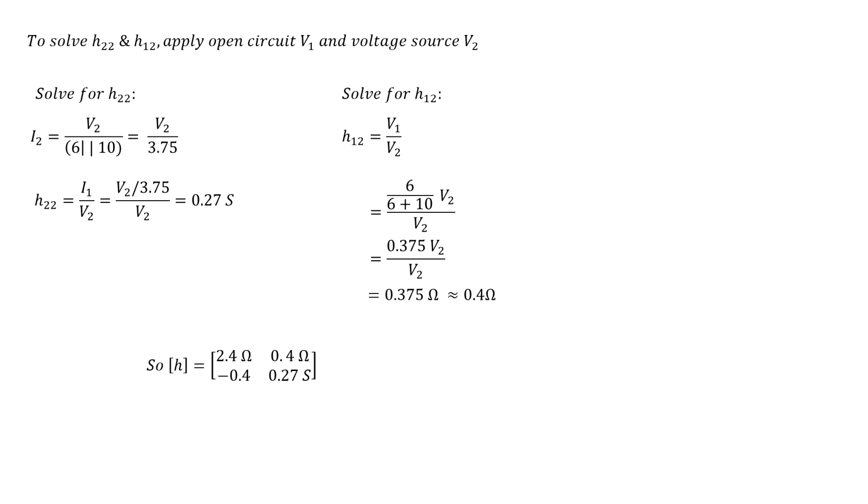But for H21 we are not using any units because it depends on the formula. If the formula results in Siemens, then it will end as Siemens. And if the formula doesn't result in any units, then it would just be negative 0.4. It is the same for H22, where we get 0.27 Siemens.